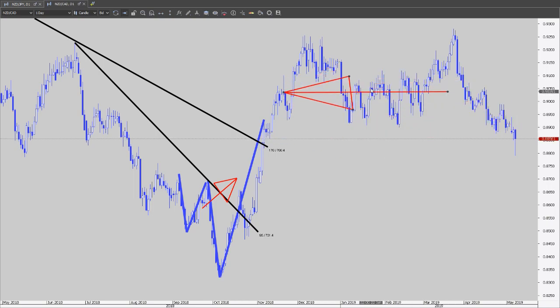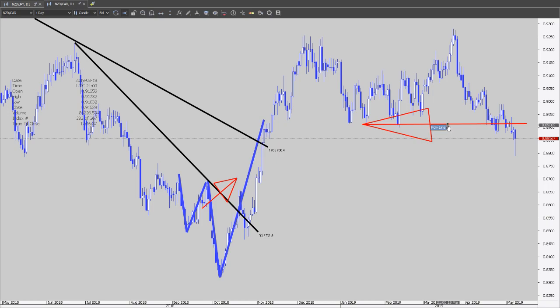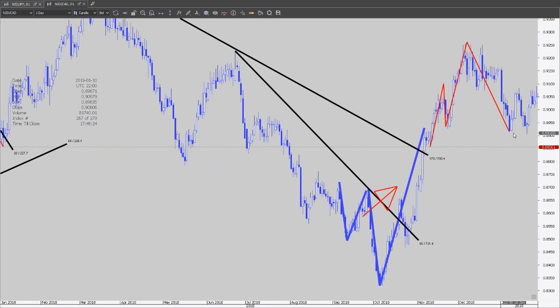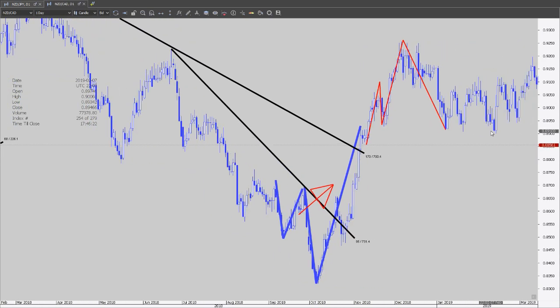So we have the left tip, the center, and lower low, right? And the answer is yes. So left, center, right? But if we shorted here, the market went against us.